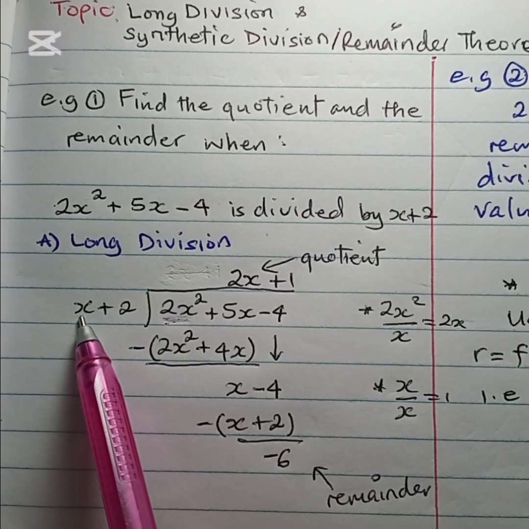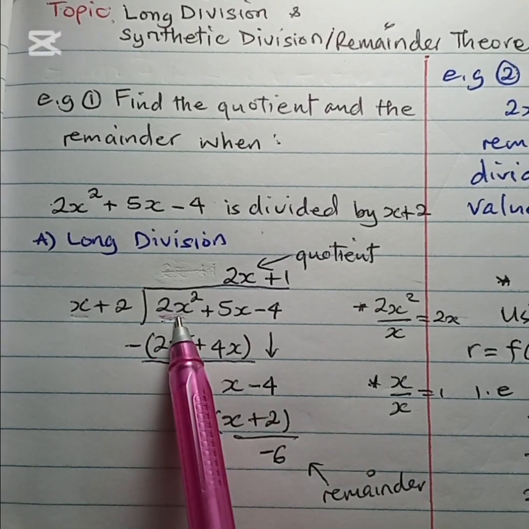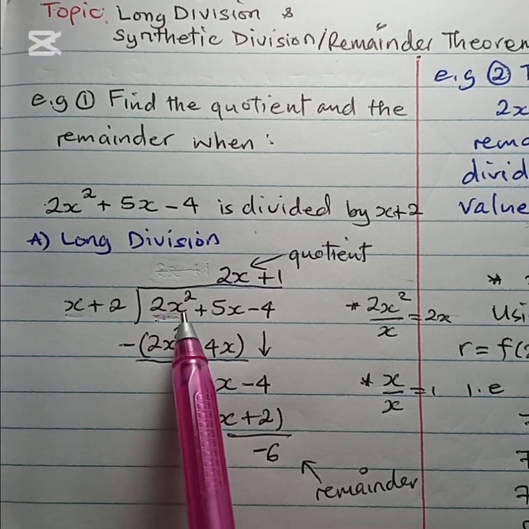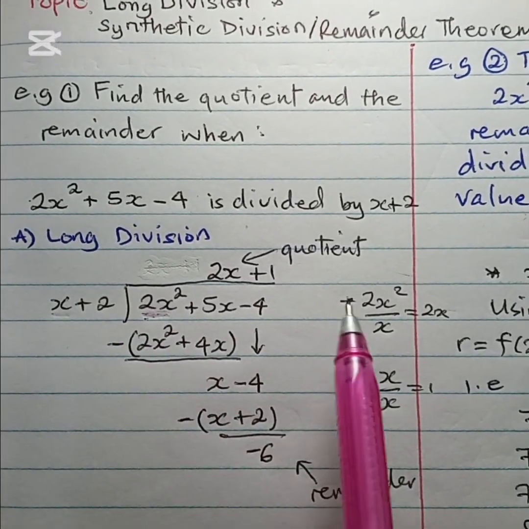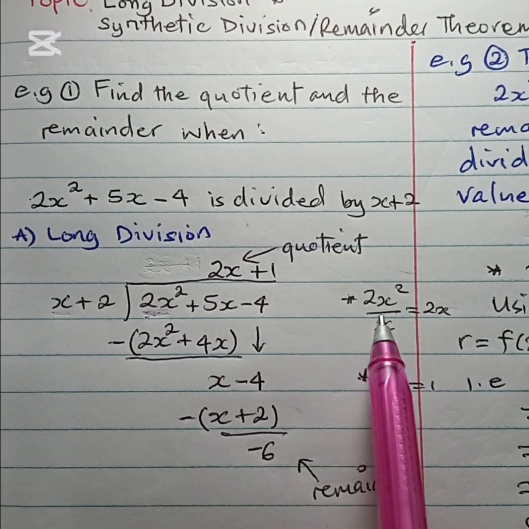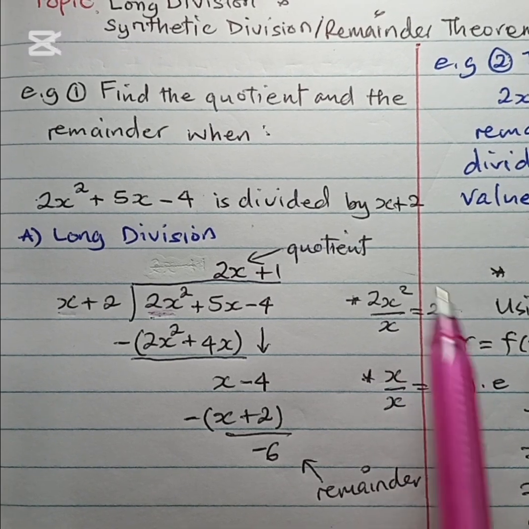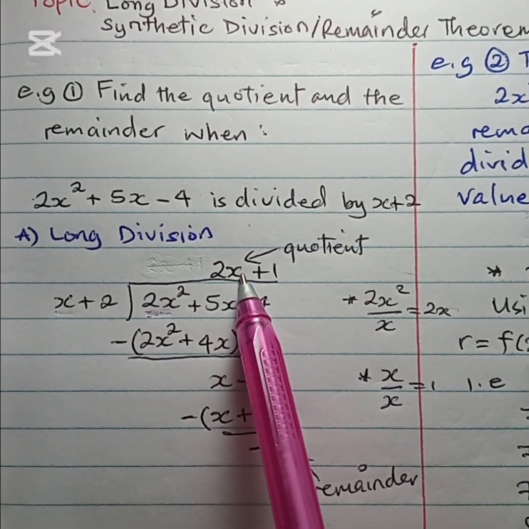And by the leading term, I mean the x with the highest power. So we go 2x squared divided by x. I've written it down here also. 2x squared by x is 2x, and we write the 2x up there.